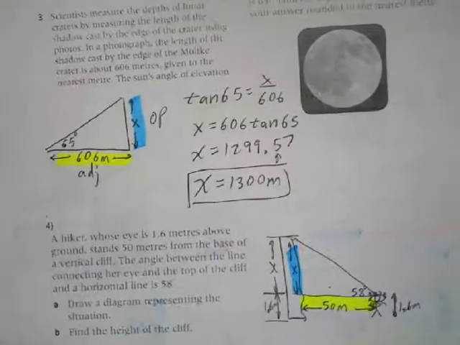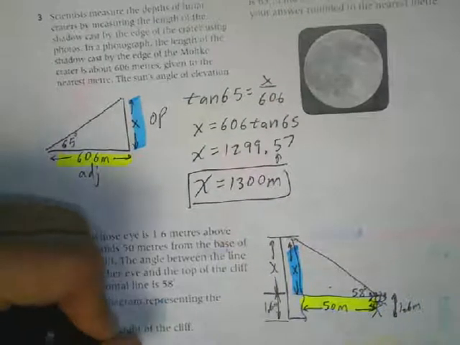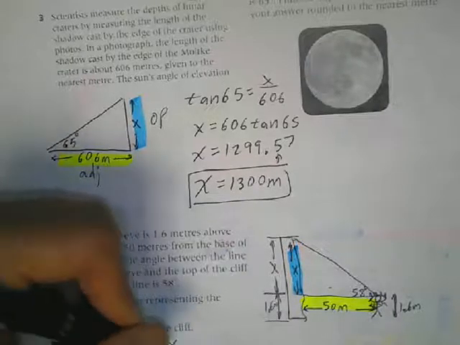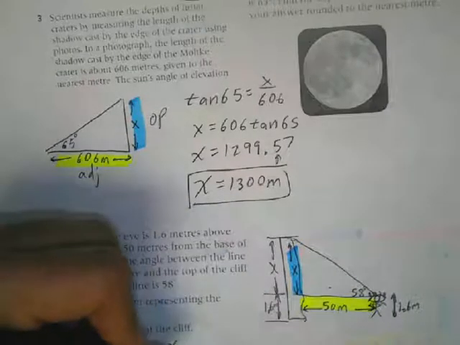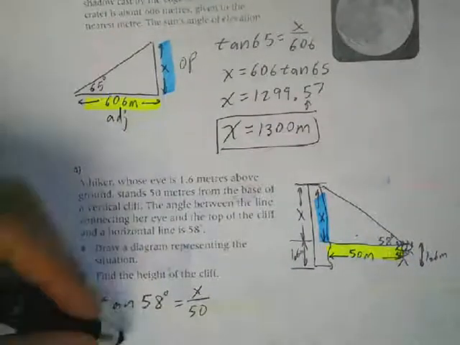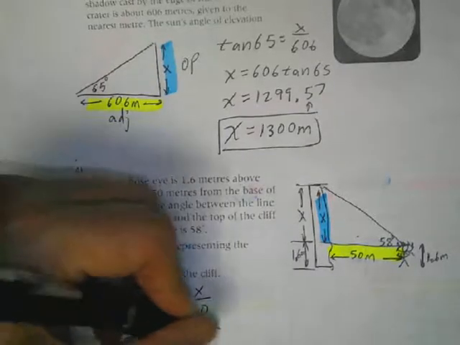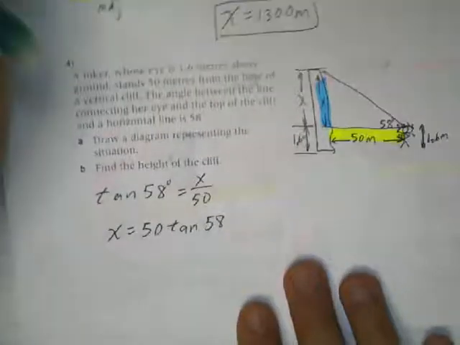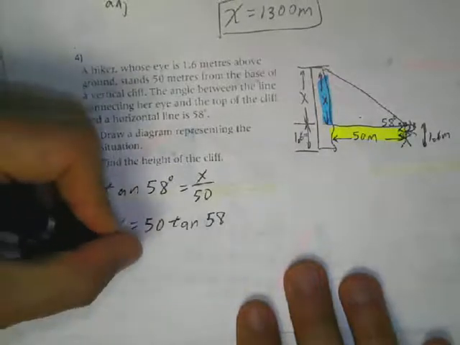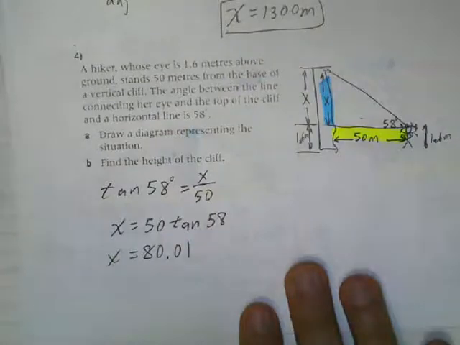So I'm going to say tangent 58 degrees equals opposite over adjacent, x over 50. So multiply 50 on both sides, x equals 50 tangent 58, and then we get x equals 80.01 in the calculator.